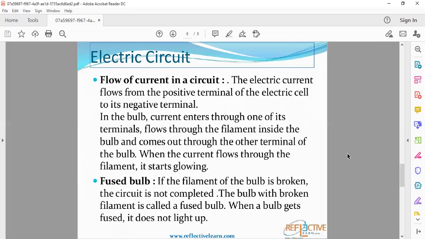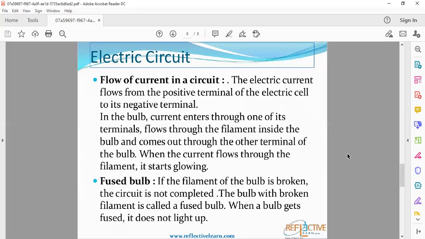On the other hand, if the filament of the bulb is broken, we have already discussed that the filament is the glowing part, a very thin wire which glows inside the bulb. So if the filament of the bulb is broken, then the circuit is not completed. A bulb with a broken filament is called a fused bulb.